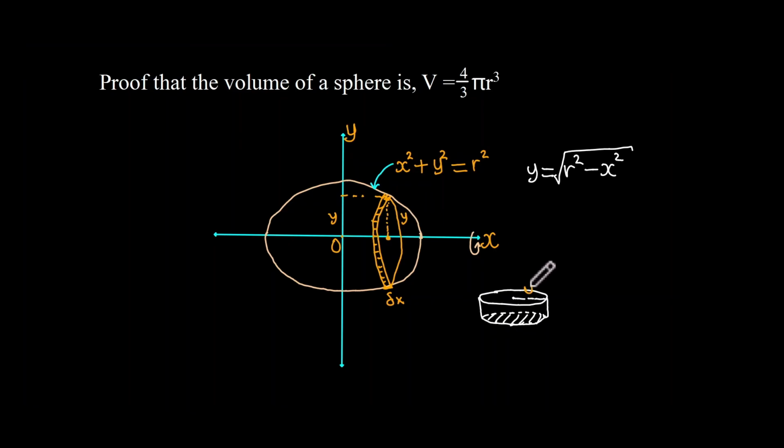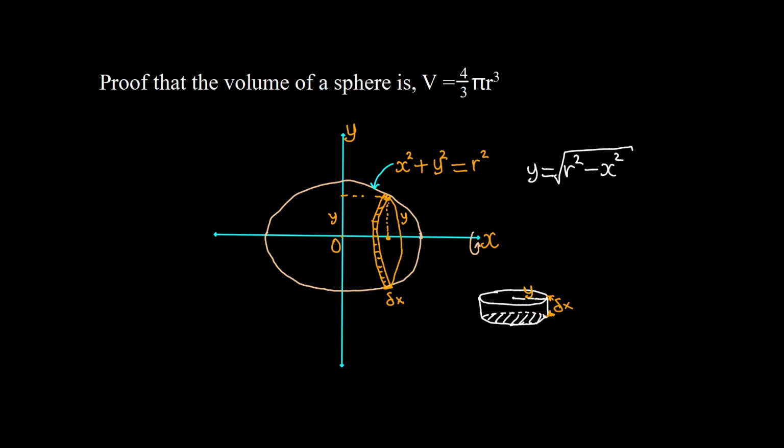We set it as y, and y is in the form of that. Now, this small thickness is what we have here, and that is delta x. So for that case, we can now move on and get the volume.